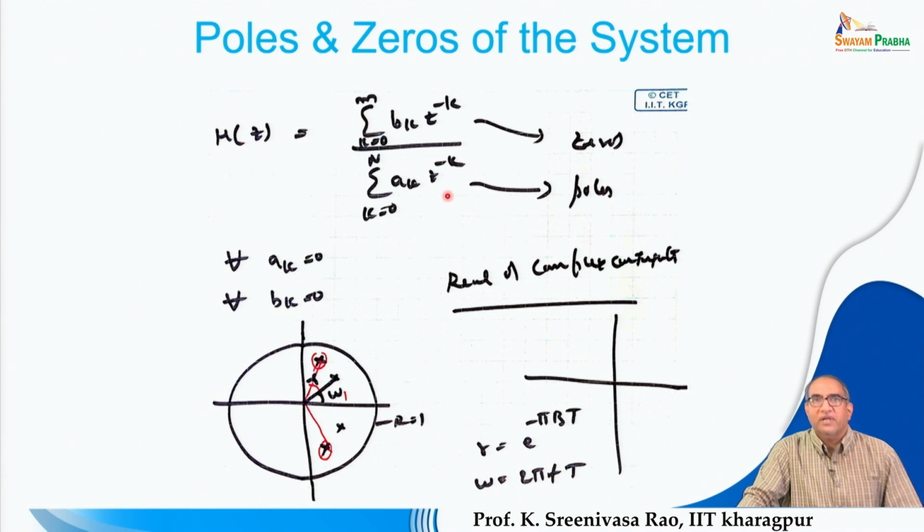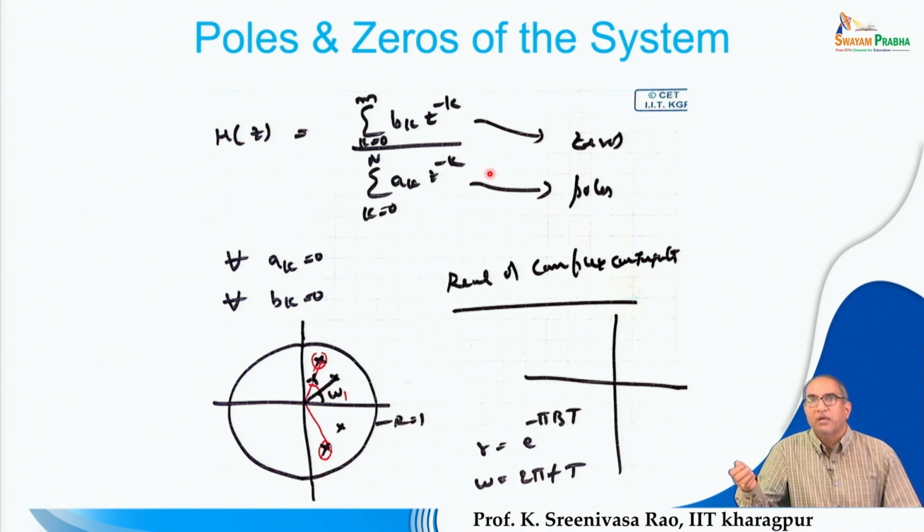and the roots of the denominator polynomial are known to be the poles of the system. Pole, in the normal physical representation, is nothing but a sudden peak point, a highest point.